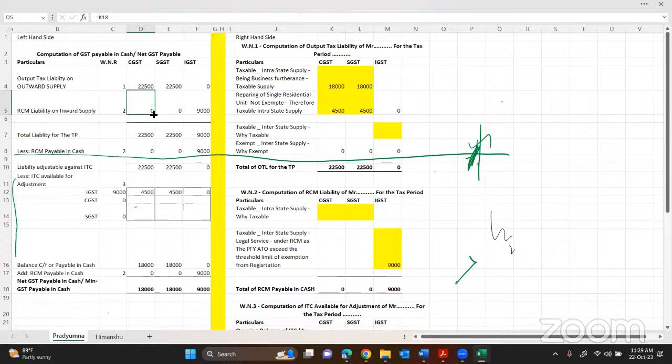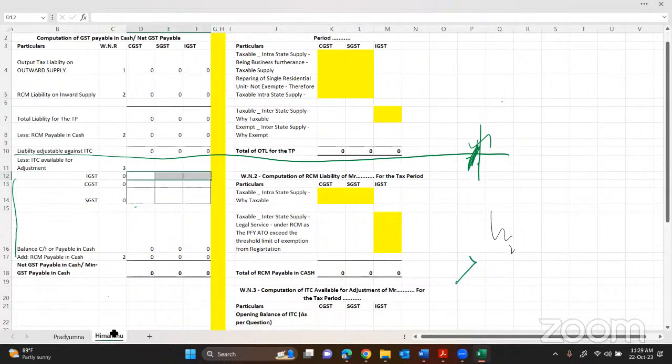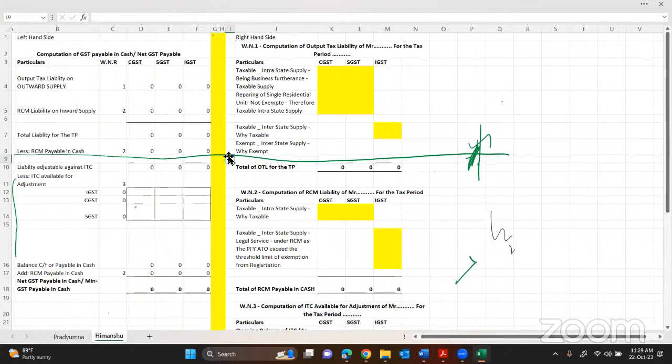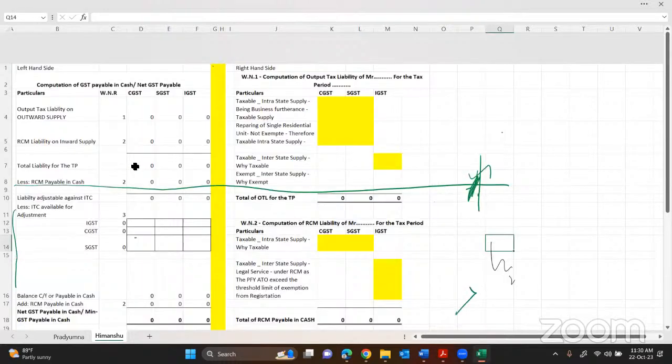We can go to interest and then we can go to the composition scheme. Everybody, guys. So I leave you now with the format for the Himanshu problem. I really don't know how to delete this. Okay.